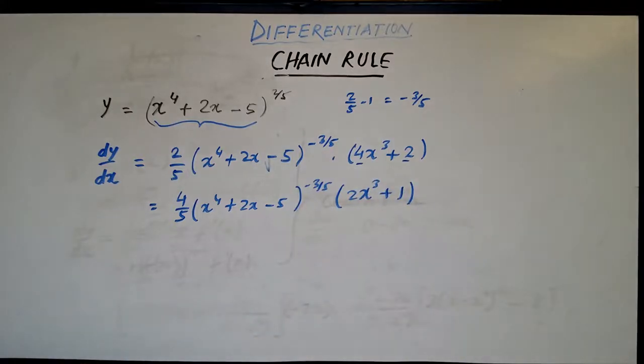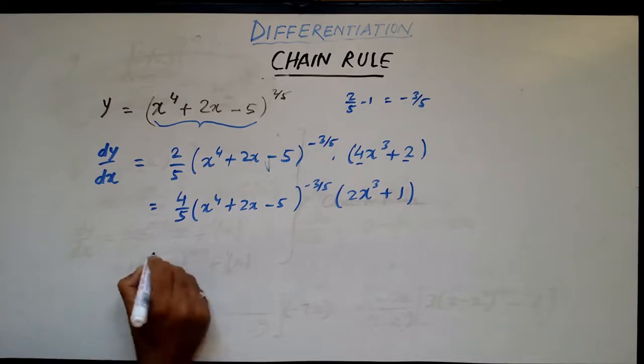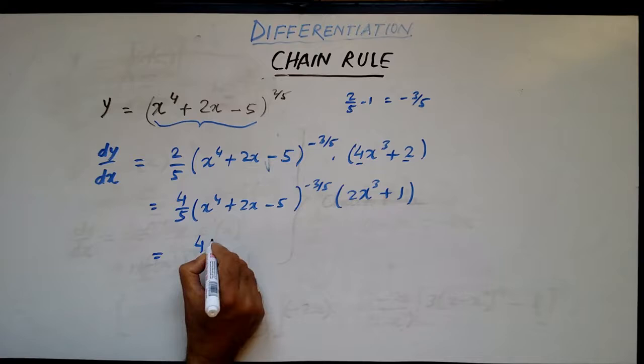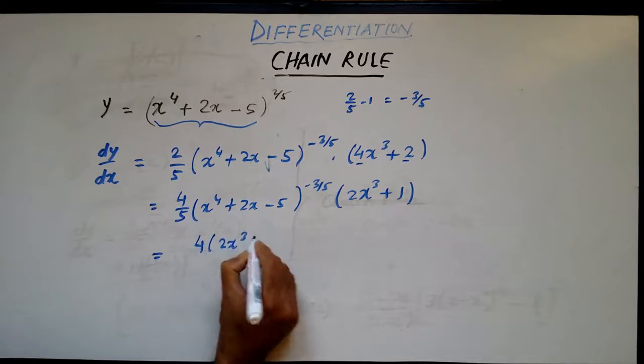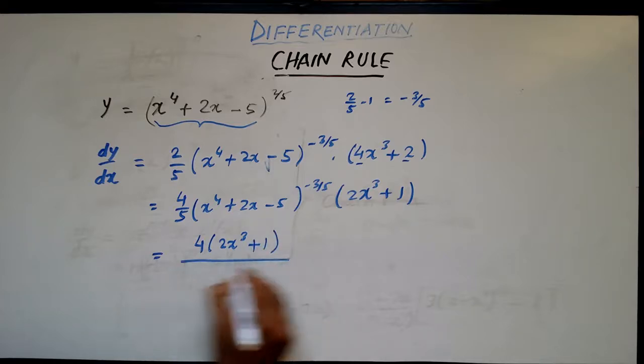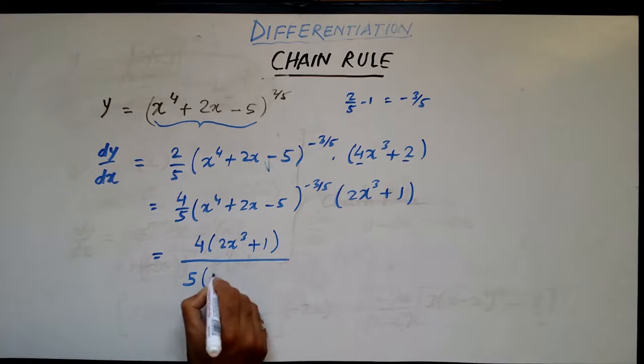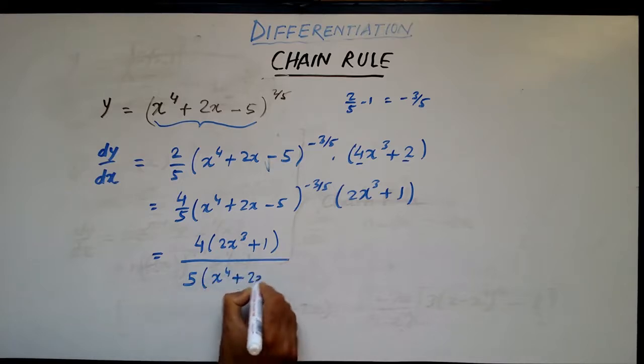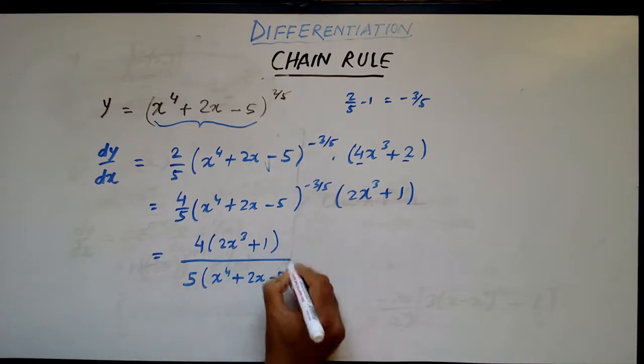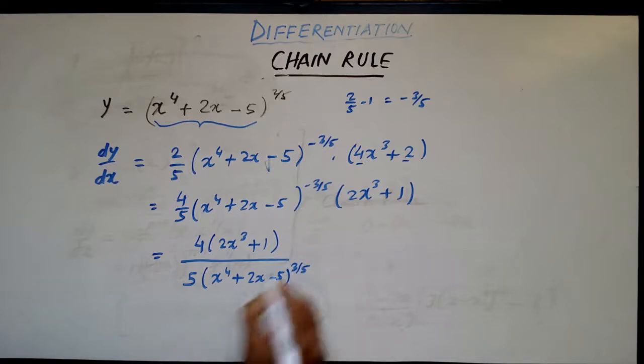Okay. This also can be written as 4 into 2x cubed plus 1 upon 5 into x to the power 4 plus 2x minus 5. Since this is minus 3 by 5, this can be taken to the denominator as 3 by 5. Okay.